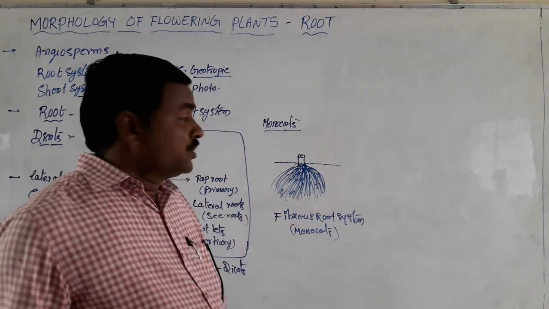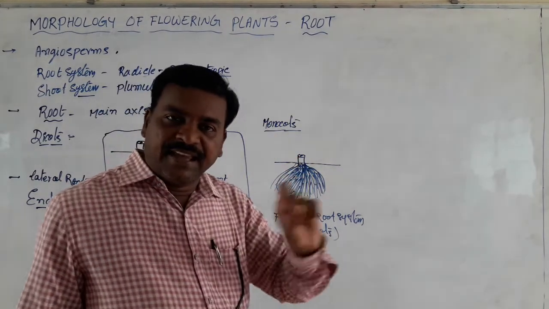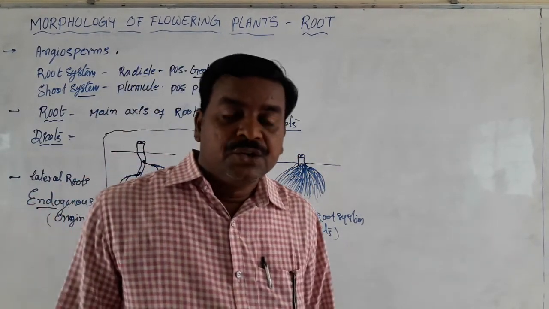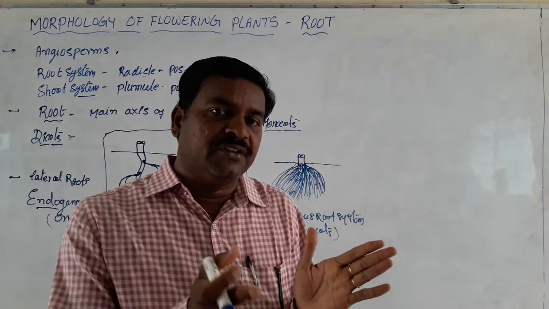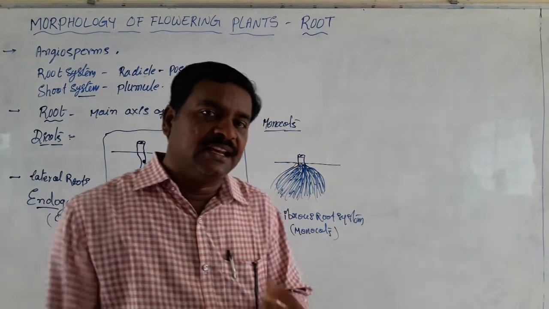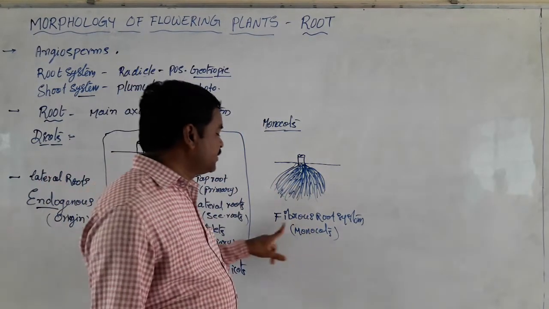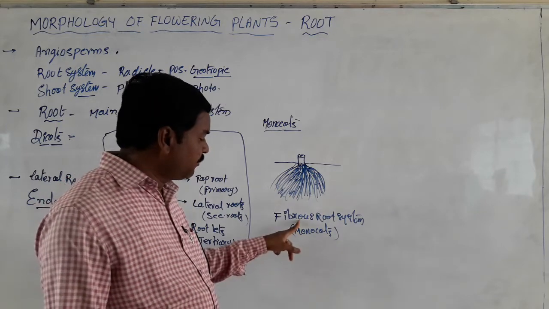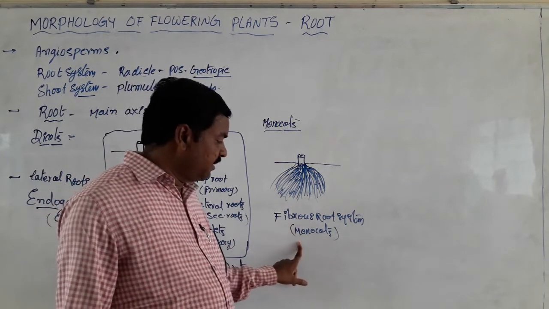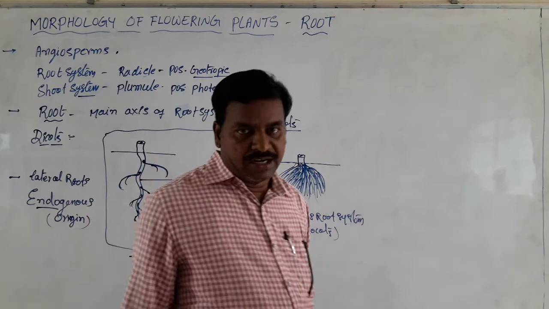So here the radicle is initially there, but soon this radicle is replaced by a tuft of slender identical hair-like roots. Such a root system is called a fibrous root system. Generally, this is present in monocotyledonous plants.